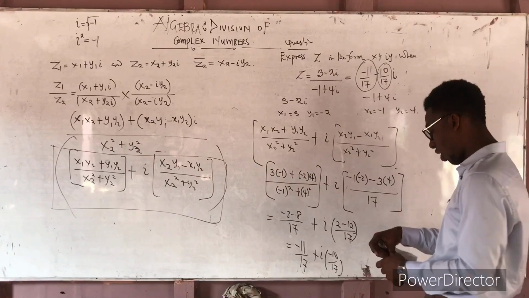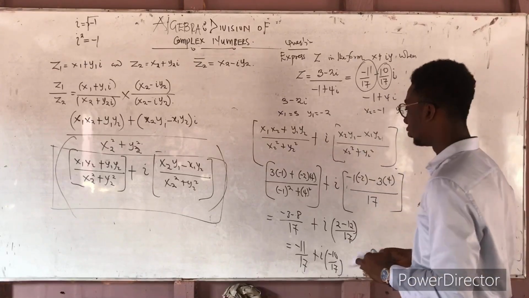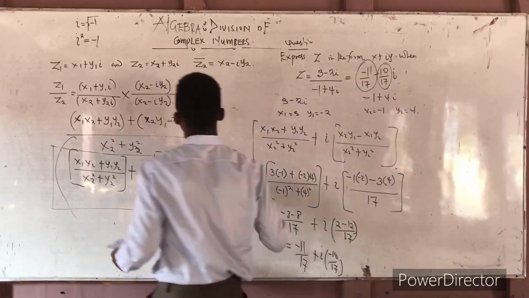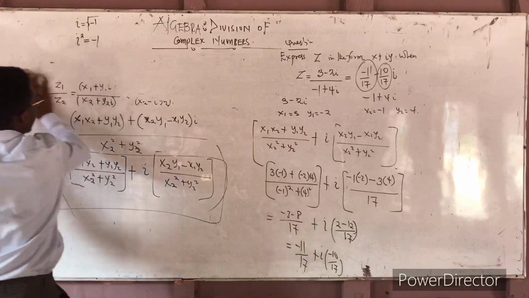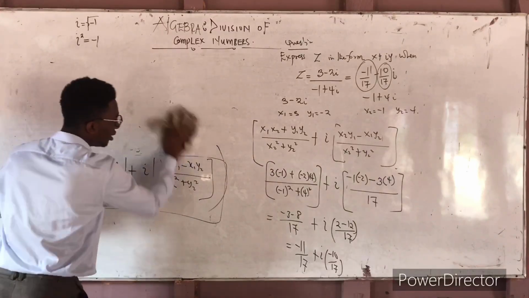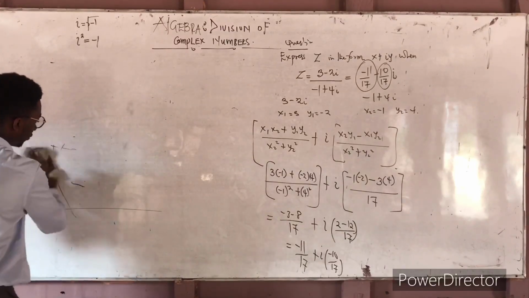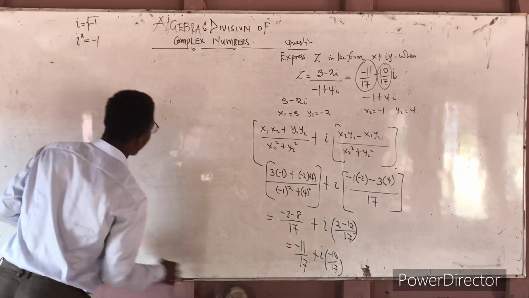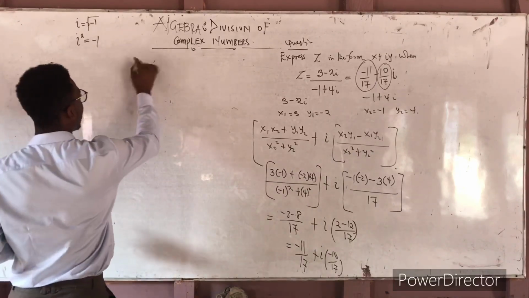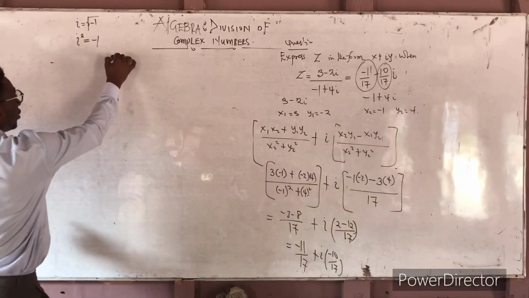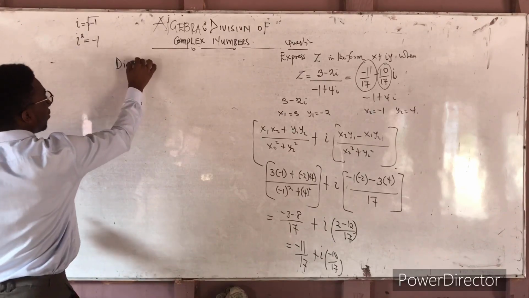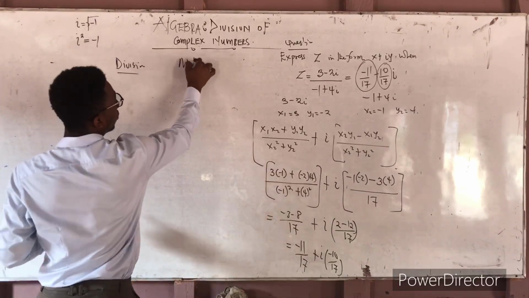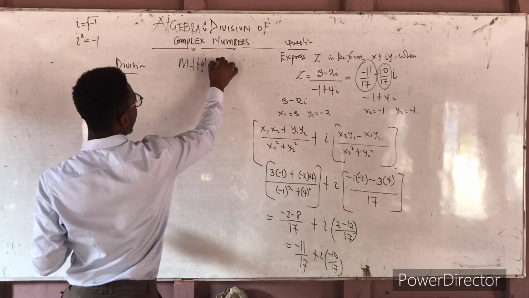Okay, now there are some properties you should know under the division. And now with the division, let me do the division here, and let me link it aside with the multiplication we've done earlier so that you get it.